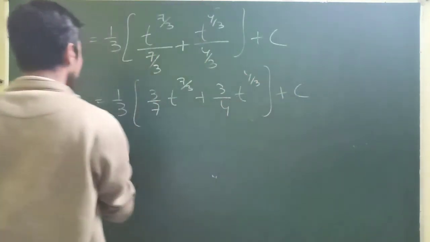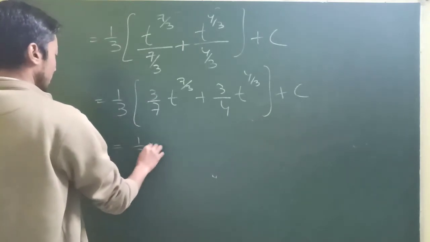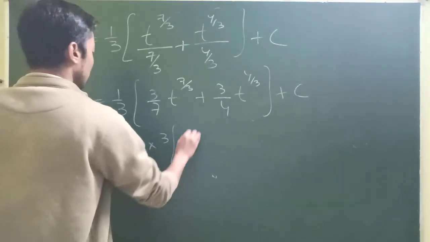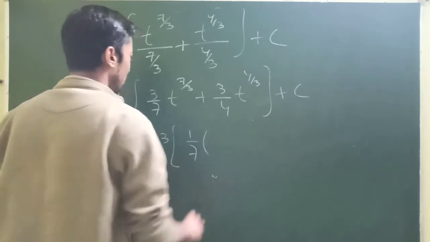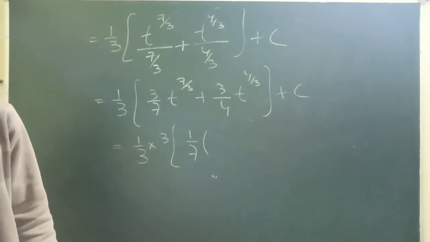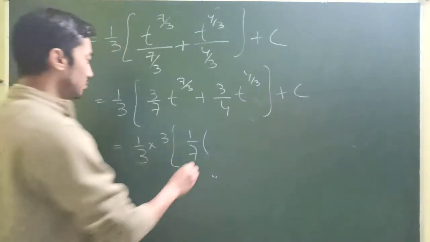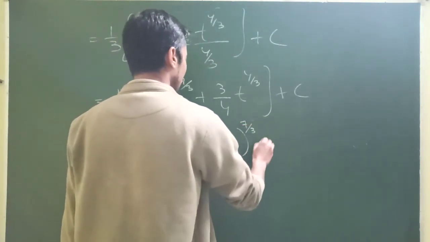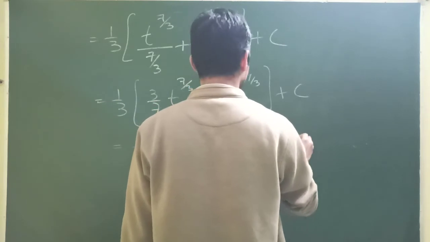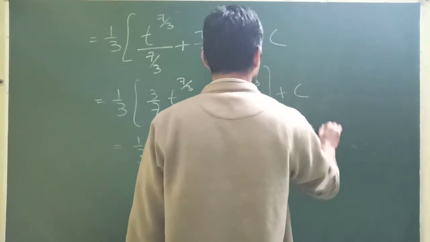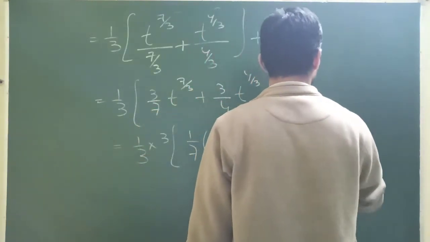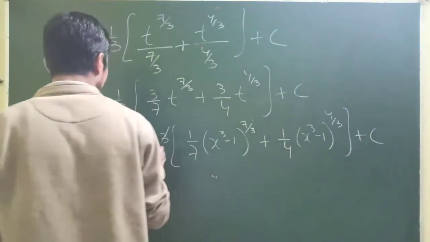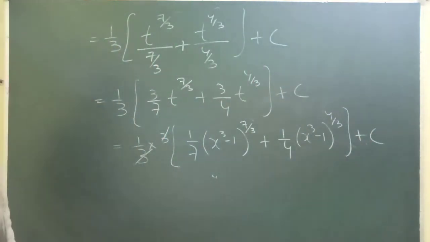Pardon me if I'm making any mistakes, you can please make the necessary corrections. 1 by 7, okay, what was the value of t that we used? The value of t, x cubed minus 1. x cubed minus 1 whole power 7 by 3, plus 1 by 4, x cubed minus 1 whole power 4 by 3, plus c. 3, we can cancel.